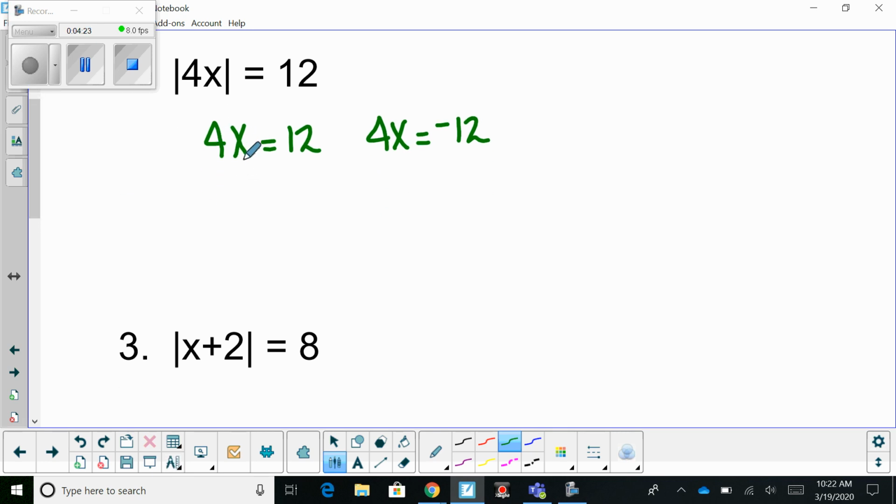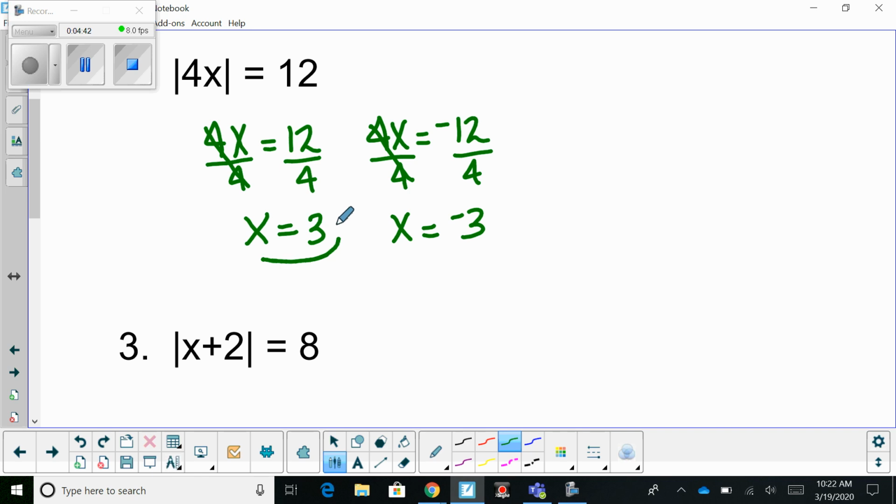Well, 4 times x, I'm going to divide both sides by 4. That cancels, and x equals 3. I'm going to divide both sides by 4, and x equals negative 3. My two solutions would be x equals positive 3 and x equals negative 3.